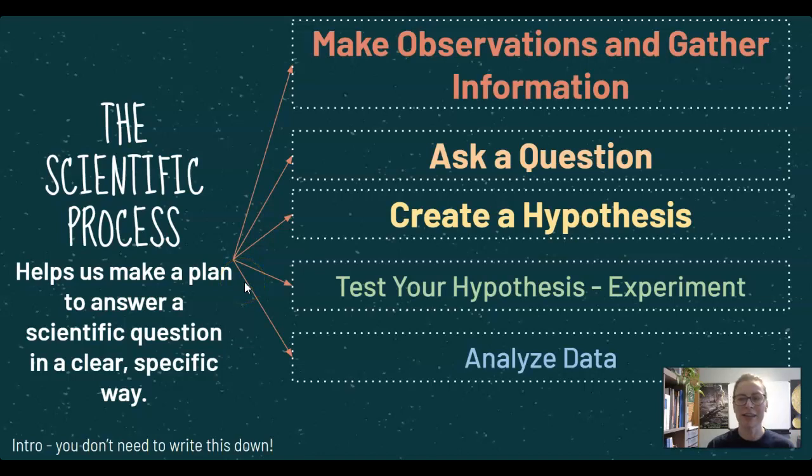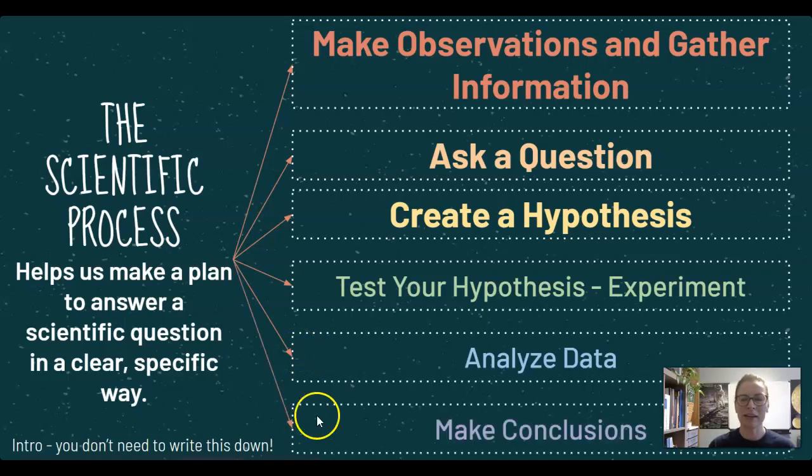In your experiment, you're collecting data. So this next step is you want to analyze your data. You want to look and see, what does the data mean? And then finally, based on your analysis, you want to make conclusions about your hypothesis.